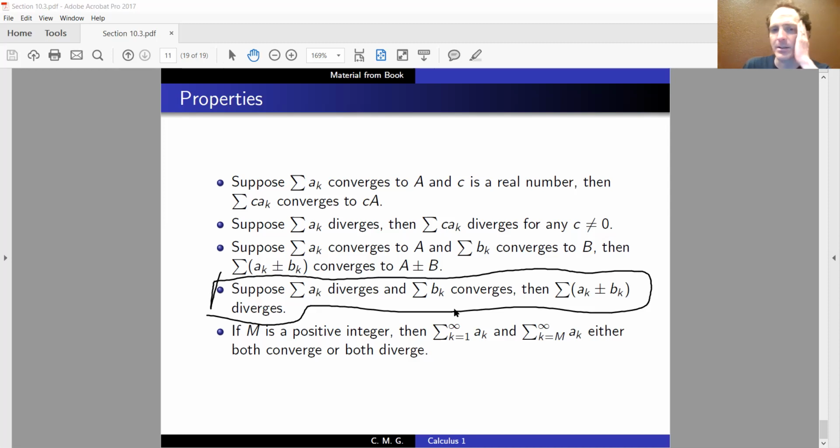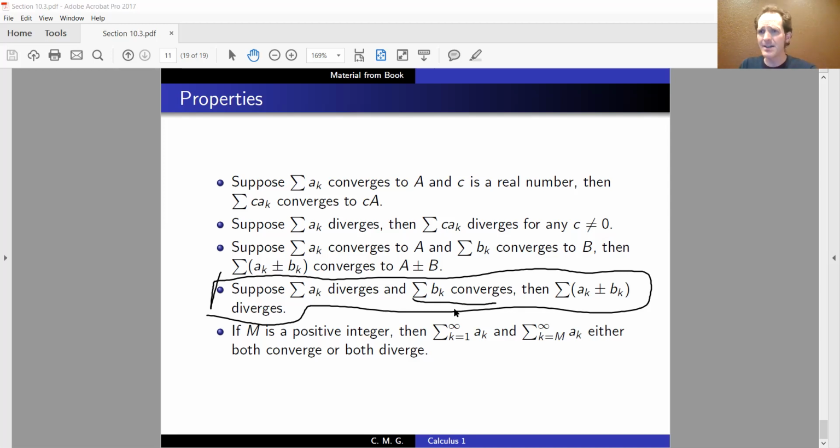And I have to be very careful here. I need one of the two to converge, the other to diverge. If they both diverge, it's possible that when I add these things together, they both go to infinity, but maybe the addition of those two would go to something nice. So in particular, one goes to infinity, one goes to negative infinity. Maybe they go to 0, or maybe they go to some number in between when I add them together.